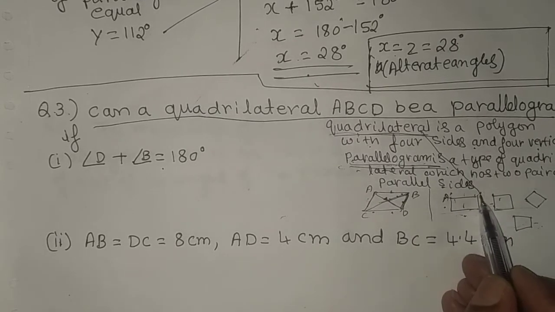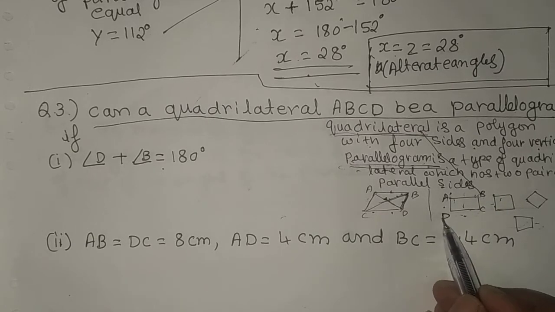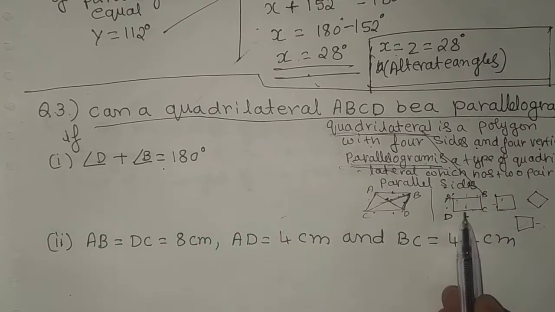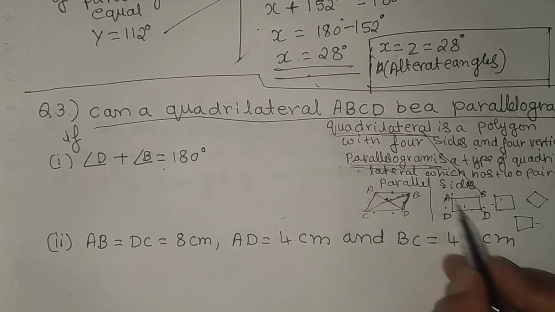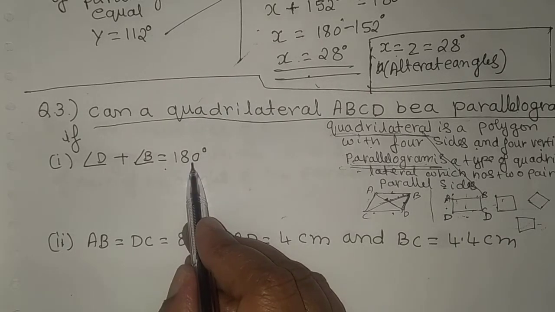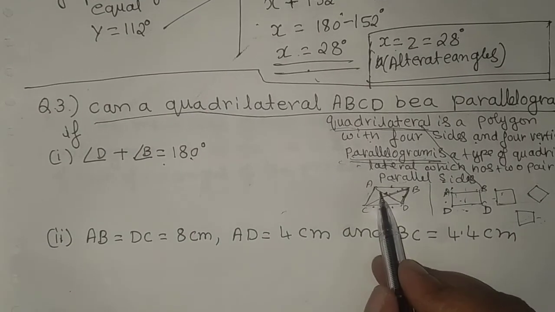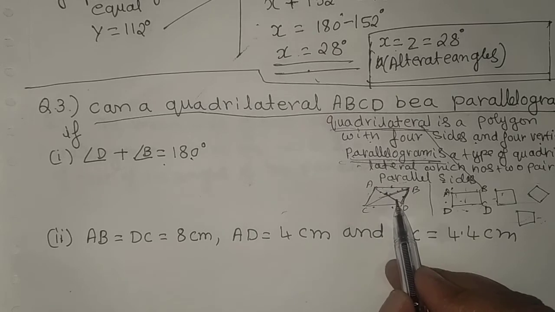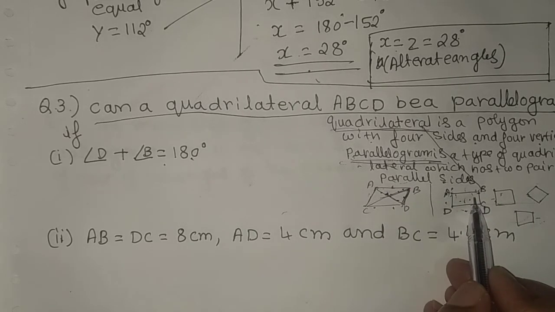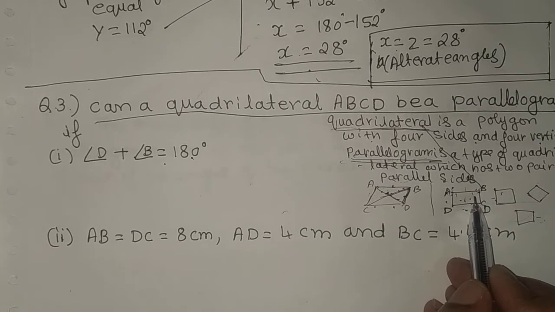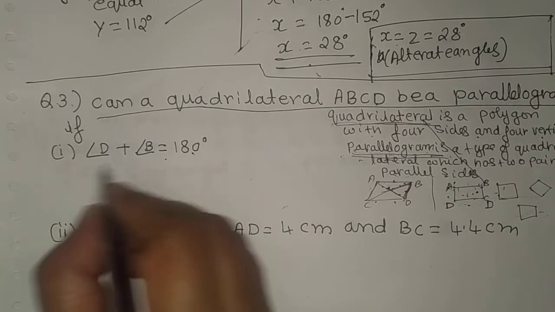Consider this as A, B, C, D. Here A plus B is equal to 180 degrees, and B and D added form 180 degrees. In the parallelogram also there will be 2 triangles, and in the quadrilateral also there will be 2 triangles. So the answer here we have to just write.